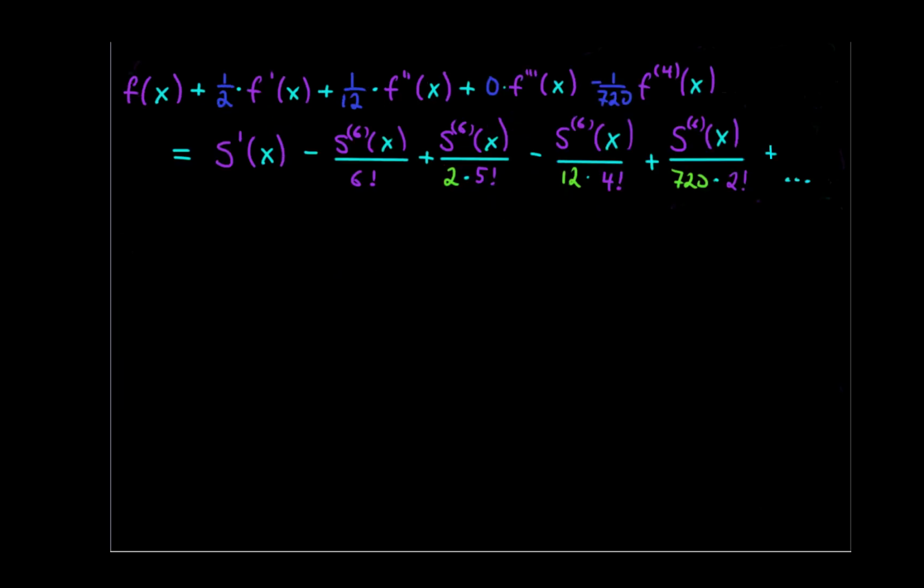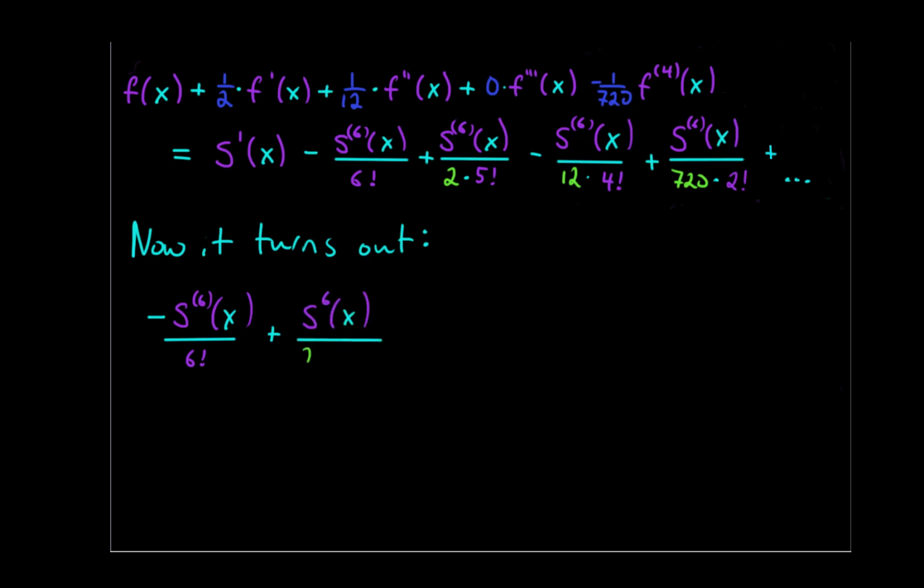So let me move that resultant equation to the top of the screen here. And now it turns out that the S6 terms cancel each other out. So let's see how that works. Looking at these S6 terms, we have negative S6 of x over 6 factorial plus S6 of x over 2 times 5 factorial minus S6 of x over 12 times 4 factorial.